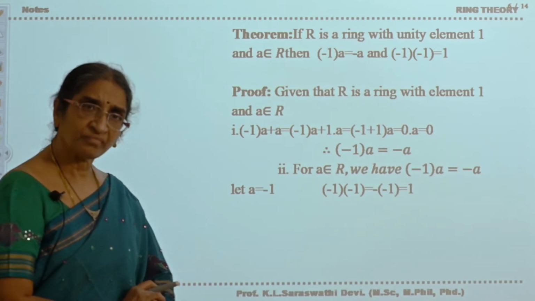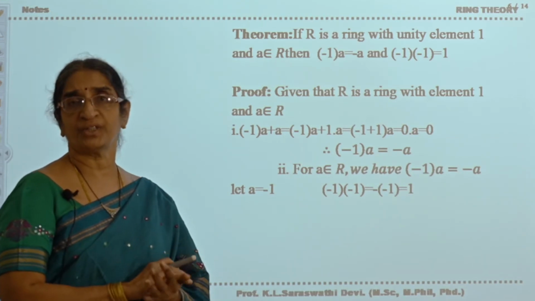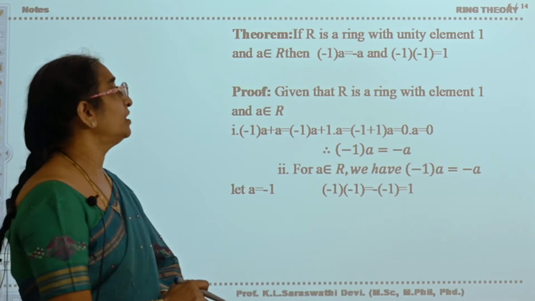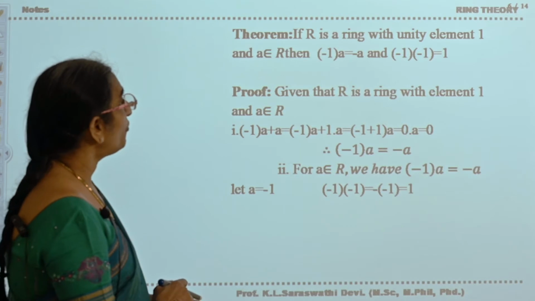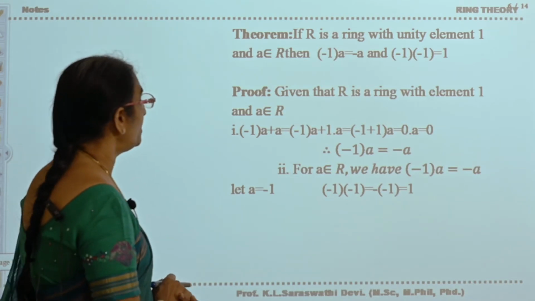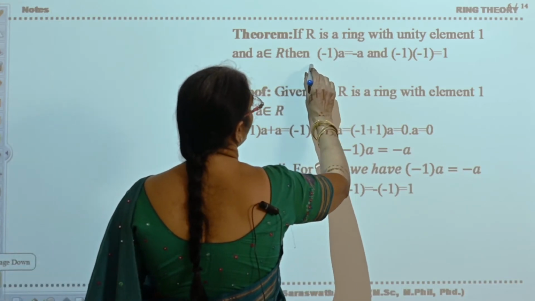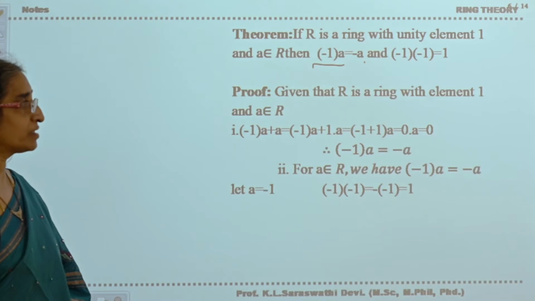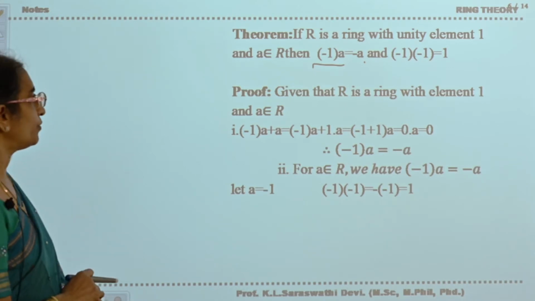Now see, in group theory also you have shown that every group has a unique identity. Here what you are going to see: if R is a ring with unity element, then for A belongs to R, minus 1 into A is equal to minus A, and minus 1 into minus 1 is equal to 1. See how it is.